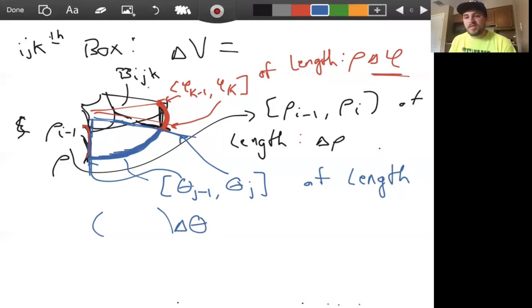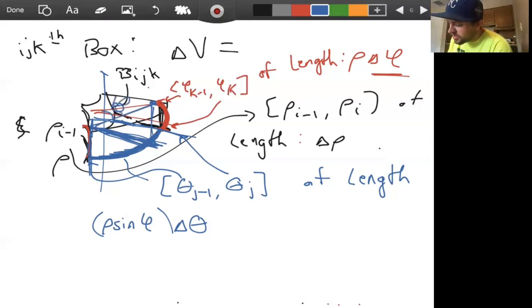But the radius isn't exactly rho, right? This is the projection of rho. And because it's the projection of rho, rho is out up here somewhere. And if you look at this projection, you'll see that this distance here is actually rho sine phi, right? Just set up the triangle with, you know what your angle phi is. That angle phi there is the same as this interior angle here. So this is also phi.